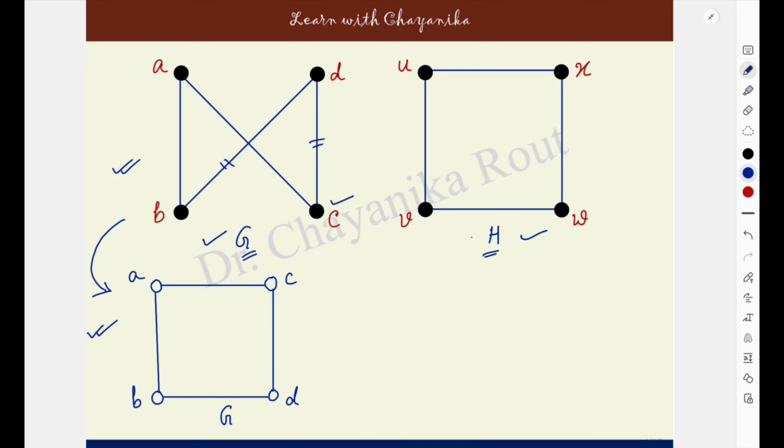So the moment I have redrawn the graph G in the same structure as the graph H, now I can see that both the structures for this new redrawn graph G and our given graph H are exactly the same.